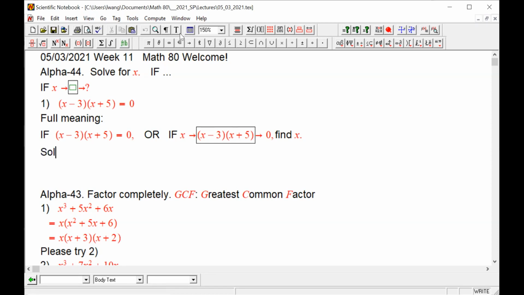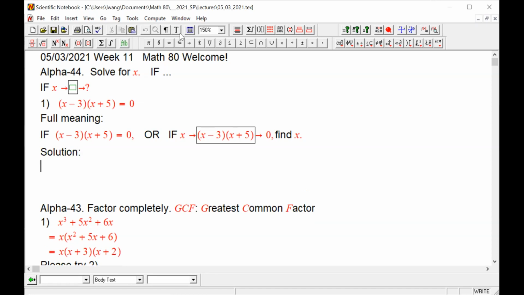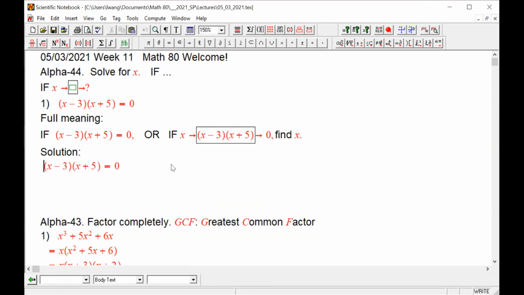So how do we solve it? If this is true, is there a principle that is relevant to this question? Would you like to look at principle number 5?